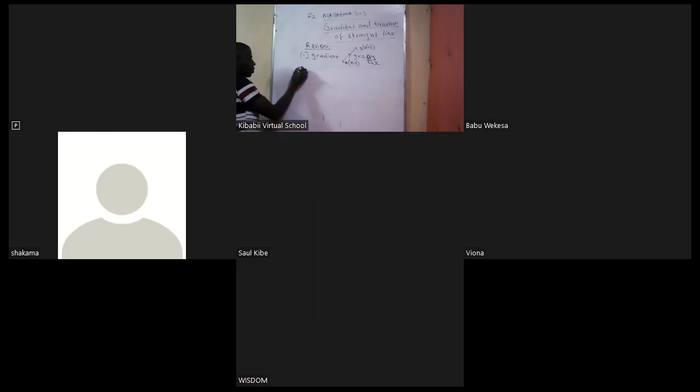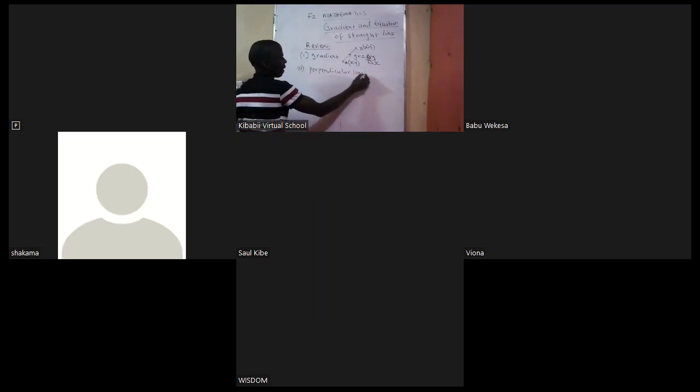We also looked at what you call perpendicular lines. Under perpendicular lines, we said if you have two lines, L1 and L2, intersecting at an angle of 90 degrees, and the gradient of line 1 is M1 and the gradient of line 2 is M2, then the product of the two gradients will give us -1.